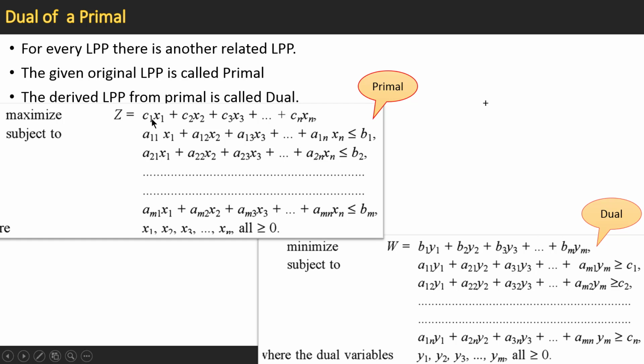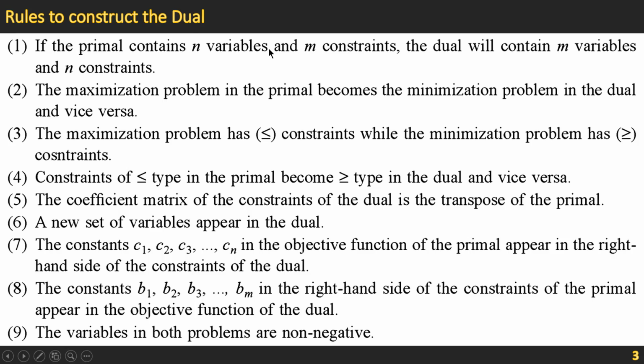Now look here. How many variables are there in the primal? x1, x2, x3 up to xn. That has become that many constraints. So the variables and constraints exchange their positions. As many variables in the primal, that many constraints in the dual.